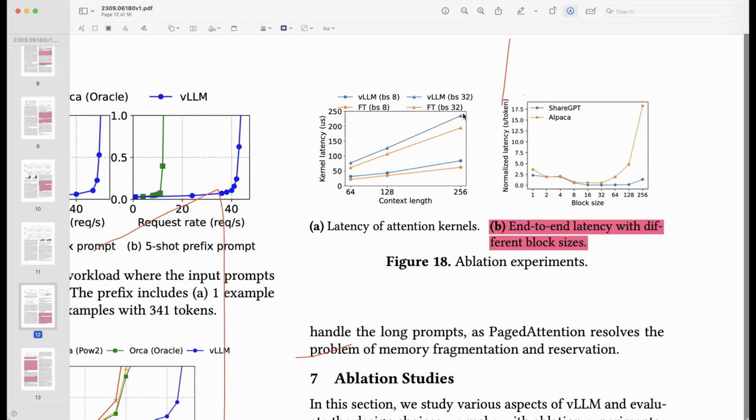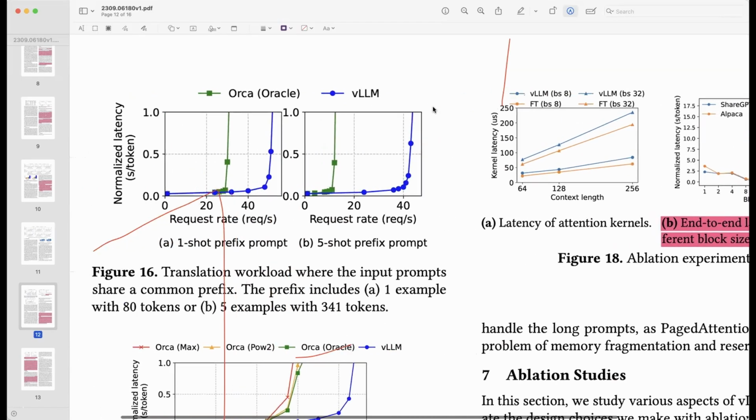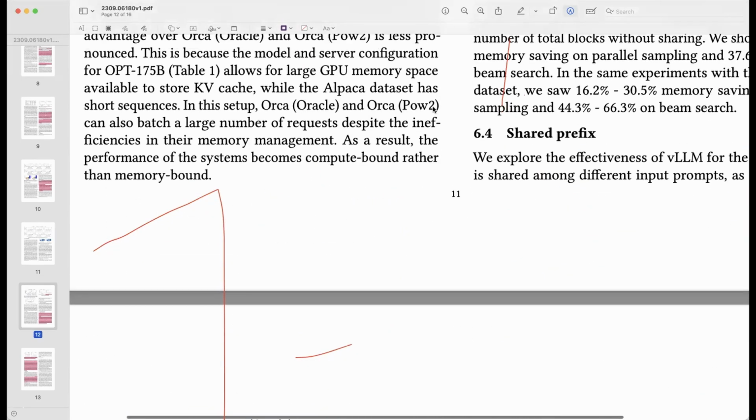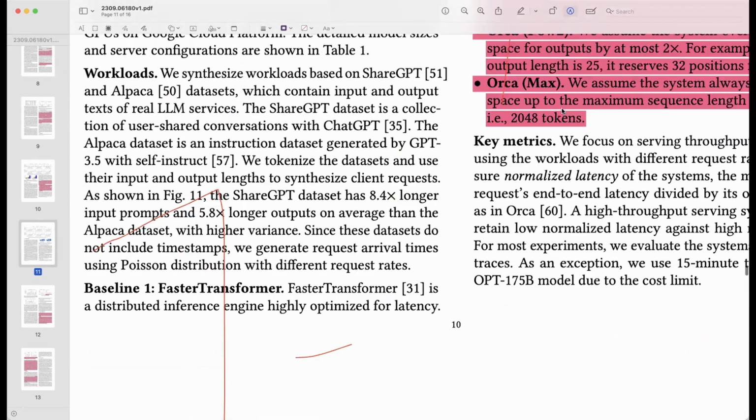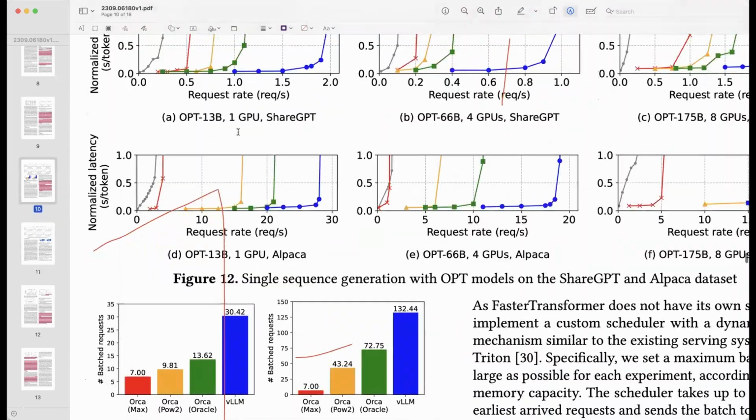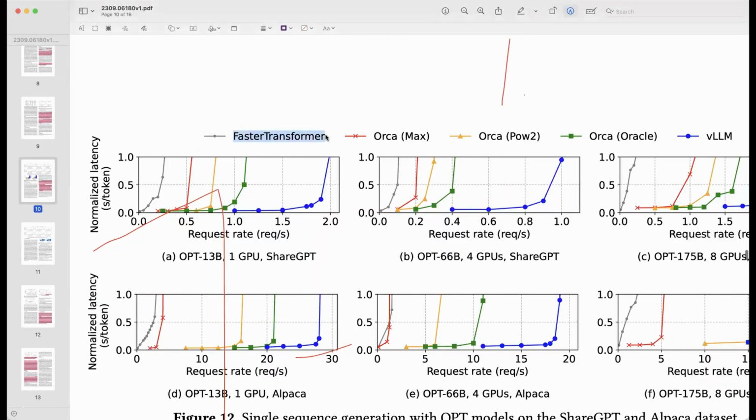I don't know what they are comparing it with. I think this is FasterTransformer or something. So it's not the traditional system, it's some traditional inference. Okay.